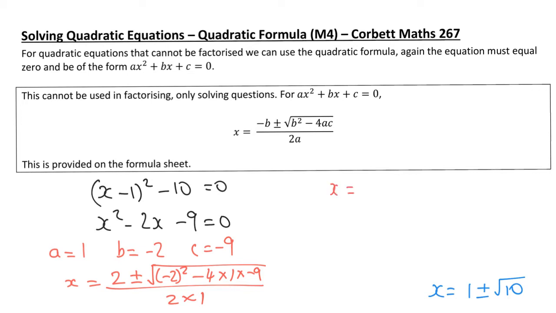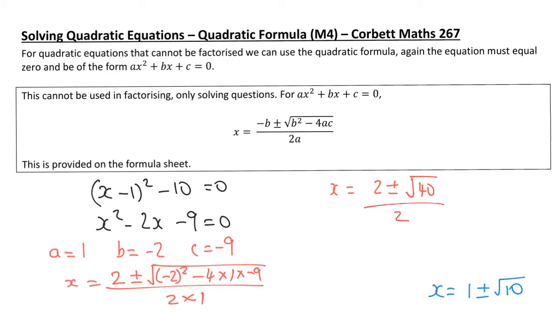So x equals 2 plus or minus the square root of, so (−2)² is 4. 4 times 1 times −9 is −36. The minus and the minus make a plus 36. So we get 4 plus 36, which is 40. So it's plus or minus the square root of 40, over 2.